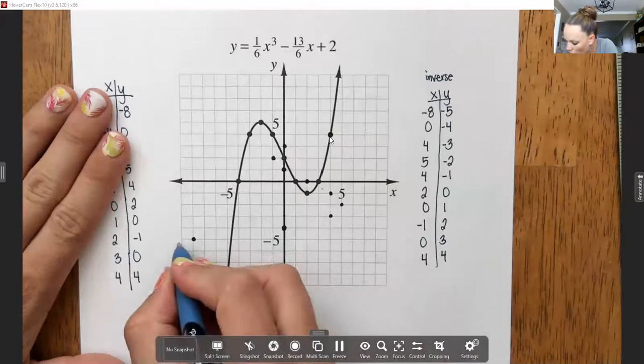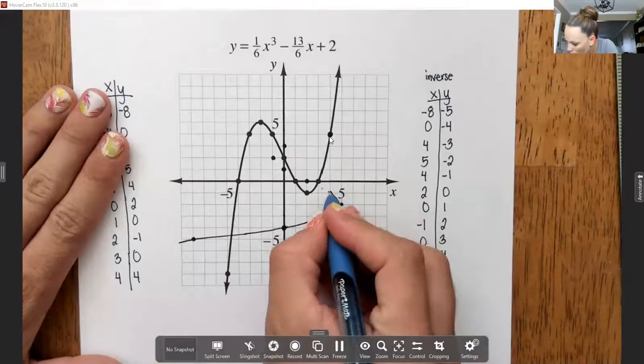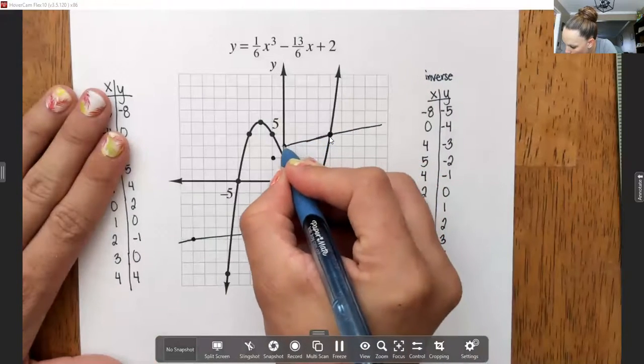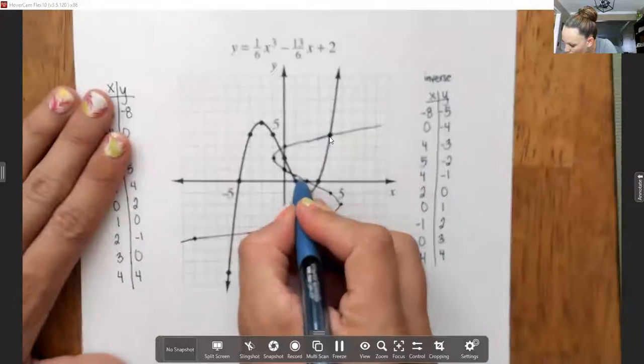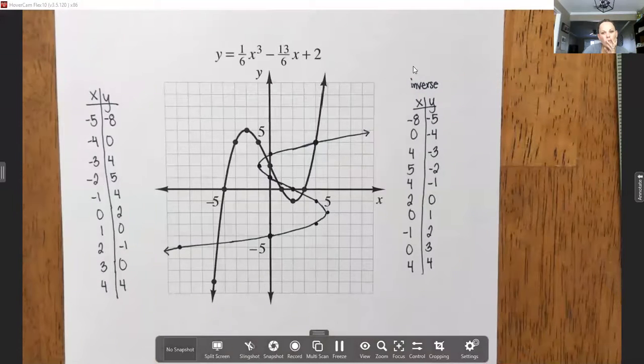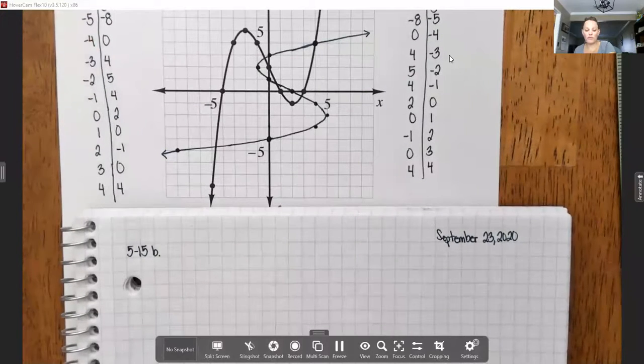So this one, it's going to look like that. So that was 15, all part A.